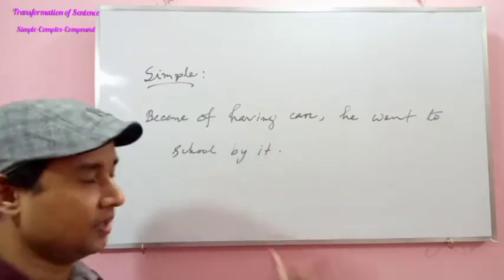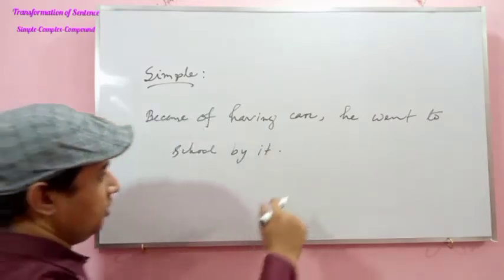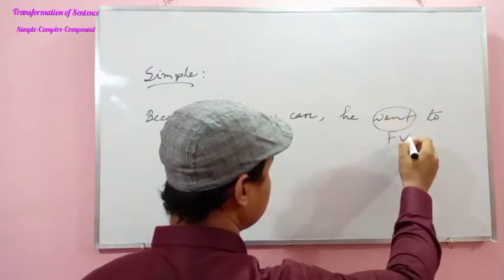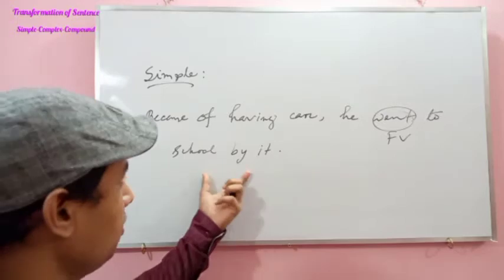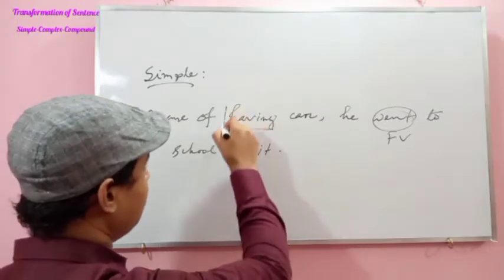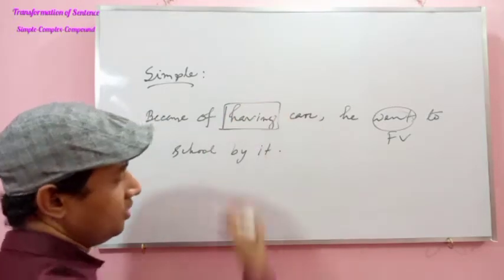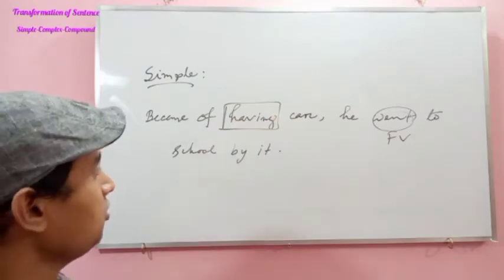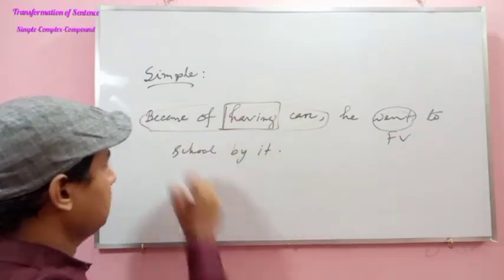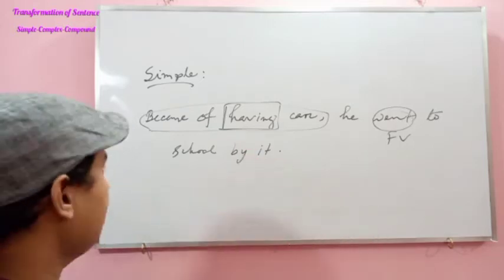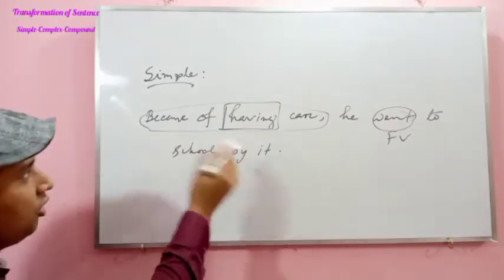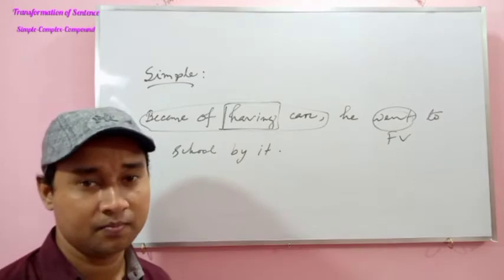This is the finite verb. So he went to school by it. There is also a verb, but this is not a finite verb, it is a non-finite verb, so it is not a clause. In this sentence you will find only one clause, so it is an example of a simple sentence.